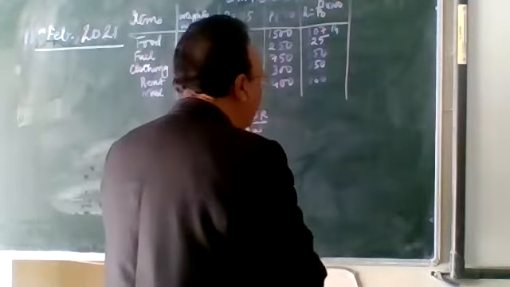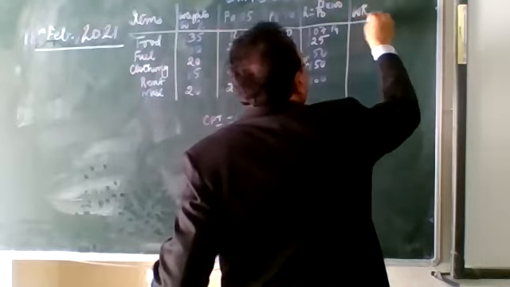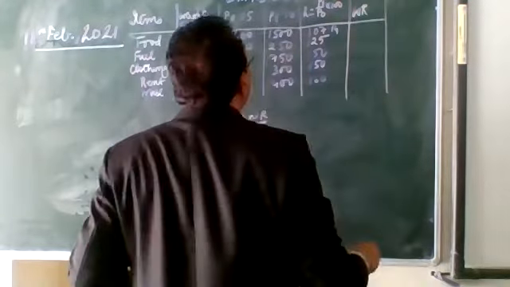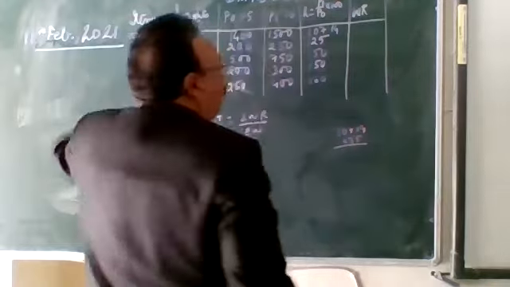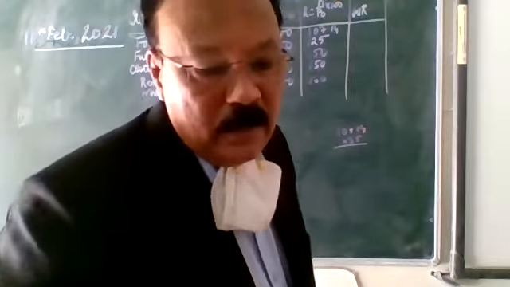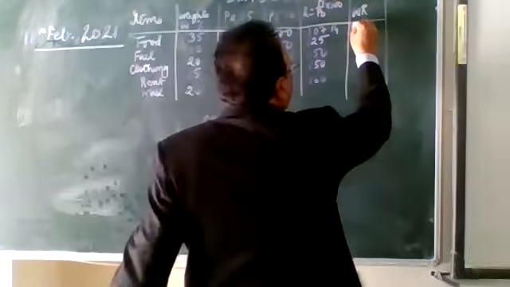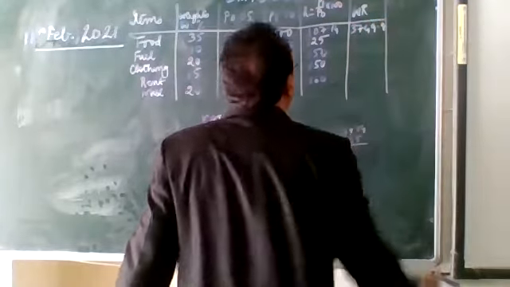So the next column will be WR, that is 35 multiplied by 107.14. I have worked it out already, 3749.9.